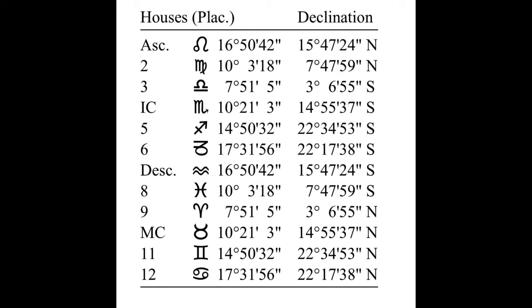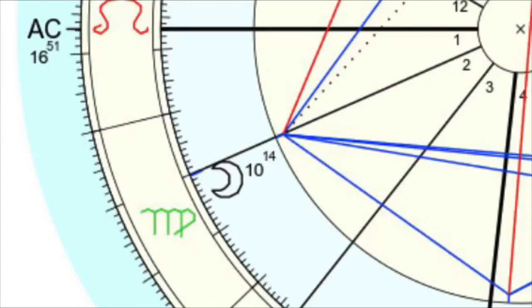The smaller chart to the right at the top where it says house. Let's look at the 2nd house. The 2nd house starts at 10.3 and the moon is at 10.13. So the moon is in the 2nd house. Barely, it's on the cusp, but if we get most technical, it is absolutely in the 2nd house.